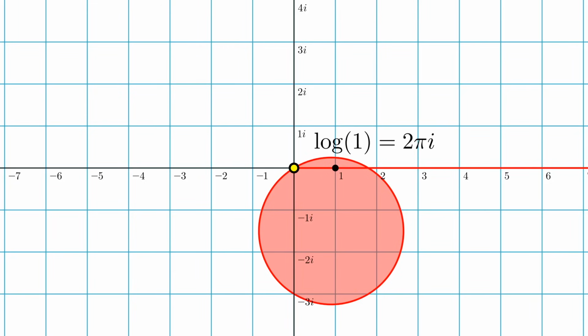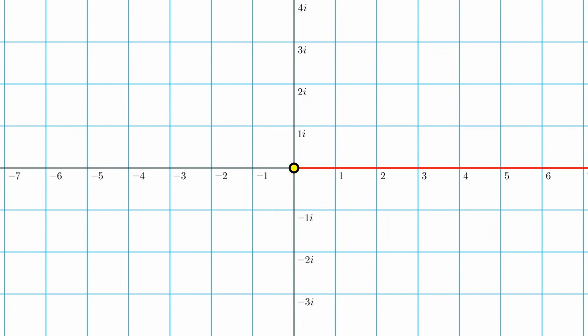What's happening here is this. Analytic continuation in general only works locally, not globally. What I mean by that is that when we do analytic continuation, we're plotting a path from our starting point to our ending point and defining our function in a meaningful and consistent way all along that path.